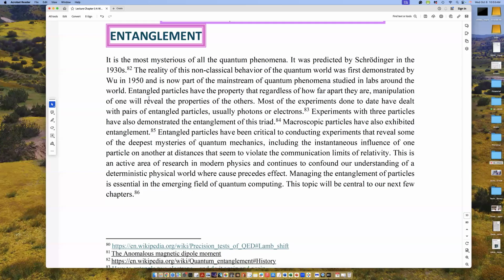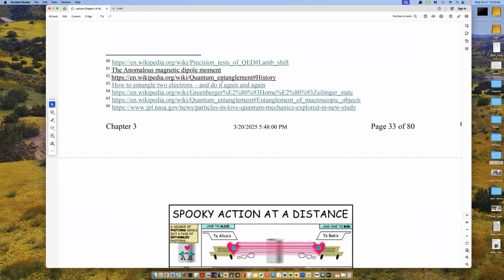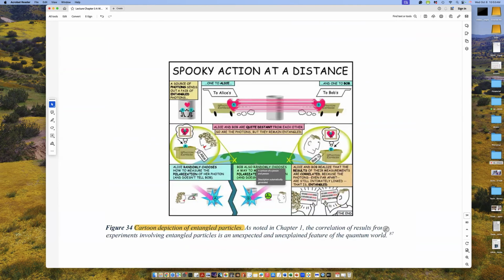And the answer is we build these experiments so that we can separate observers so far that even light cannot travel between them quick enough to somehow make entanglement appear. So here's a cartoon that makes it easy to talk about. It's hard in reality to do these experiments, but they are done all the time now.